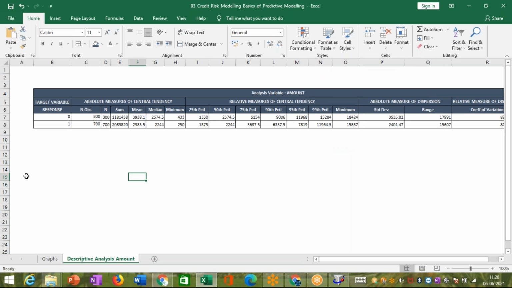Now, the next part that we have, so this is the level one descriptive analysis, or let me call this the overall descriptive analysis of this failure.